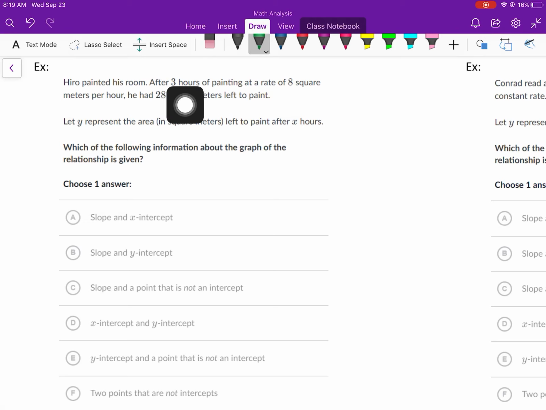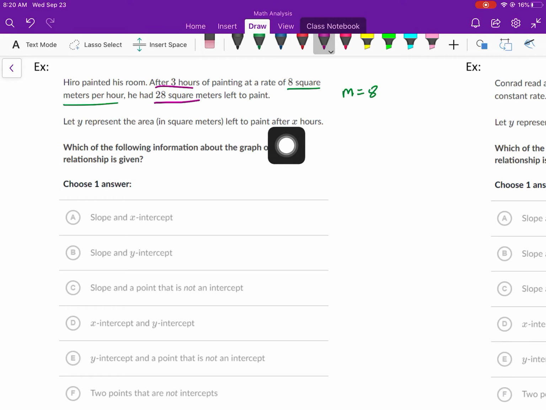All right, Hero painted his room after 3 hours of painting at a rate of 8 square meters per hour. So you can see right there, boom, slope. M equals 8, right? Square meters per 1 hour. He had 28 square meters left to paint. So after 3 hours, right here, he had 28 square meters left to paint.